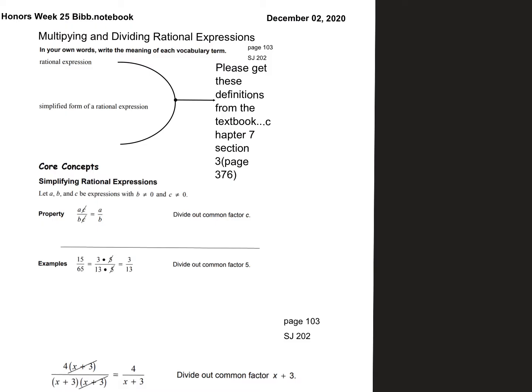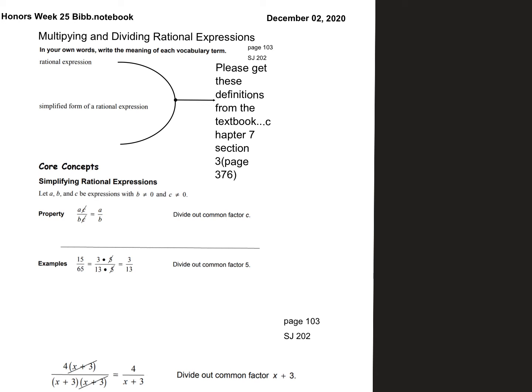Please get the definitions from Chapter 7, Section 3, page 376, for what a rational expression is and a simplified form of a rational expression. Hopefully you remember a rational expression like we do rational exponent. If you have an exponent that's a fraction, that's a rational exponent.